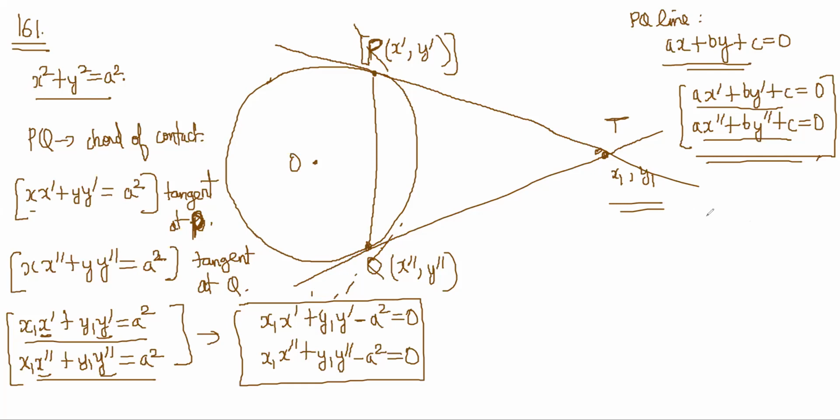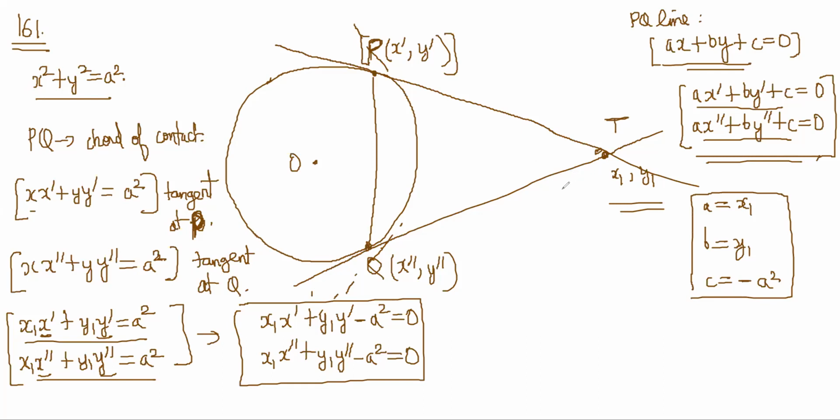Since two conditions are already there, it completely determines the line. So there is only one line possible, which has a equal to x1, b equal to y1, and c equal to minus a square. It is satisfying the same conditions. Here, you got these conditions by writing tangent equations like this and making sure that T lies on both of them.